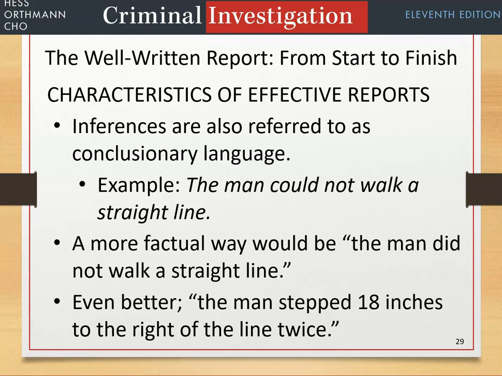And I'm really hoping that this makes sense, because while it's okay to draw an inference, we have to be careful of using, again, opinion and what we call conclusionary language in a report. So we want to avoid this conclusionary language by showing, not telling.